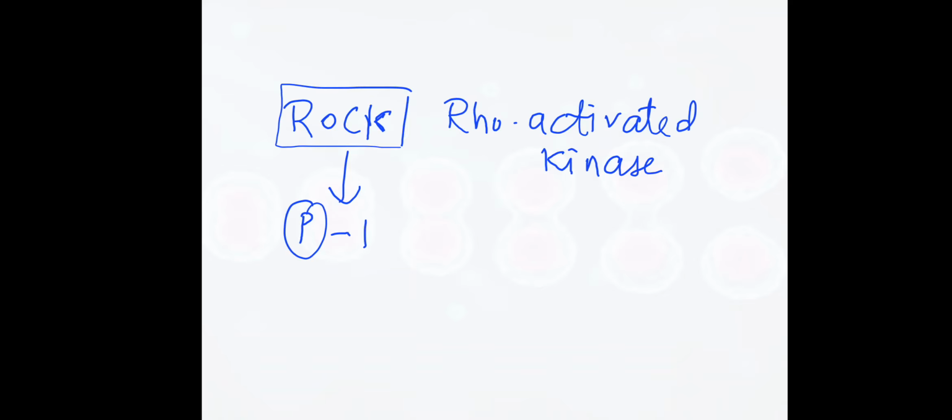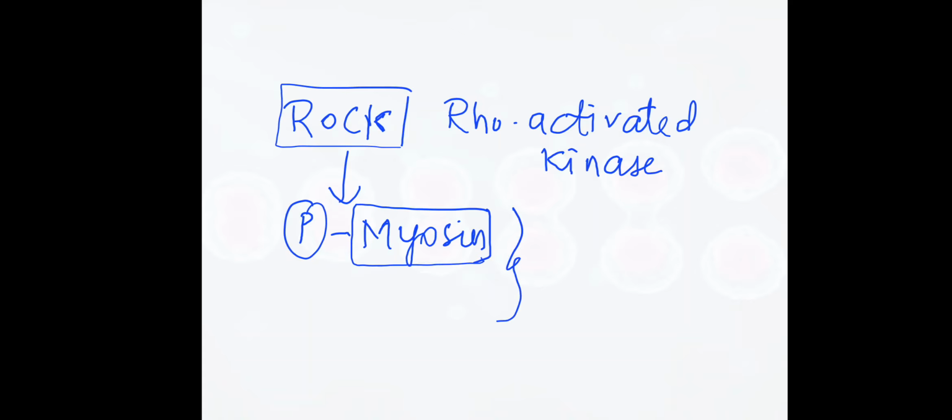So what about myosin? It is activated by ROCK, that is Rho-activated kinase. This ROCK kinase phosphorylates the regulatory myosin light chain.